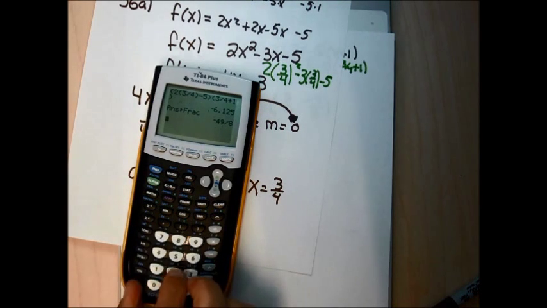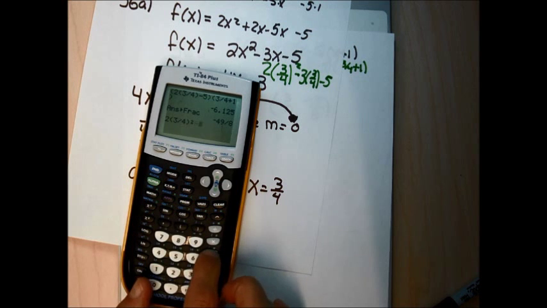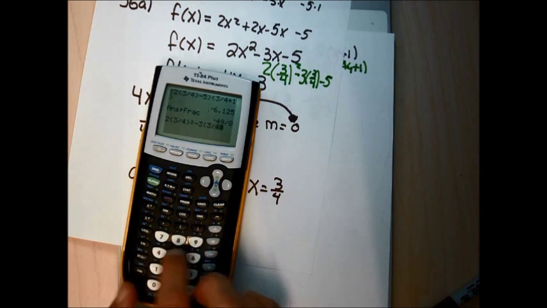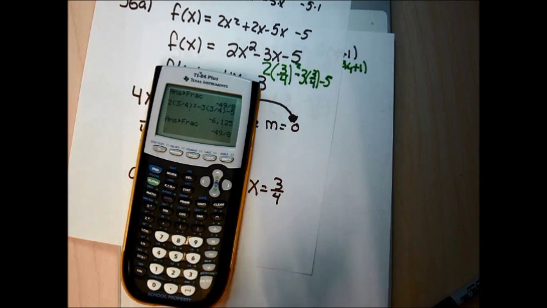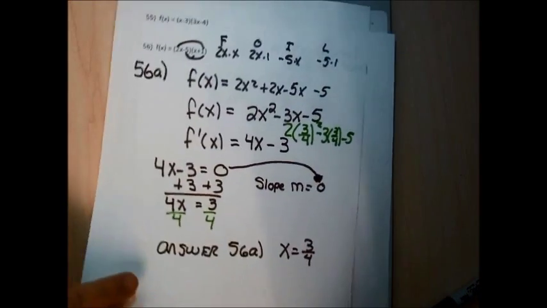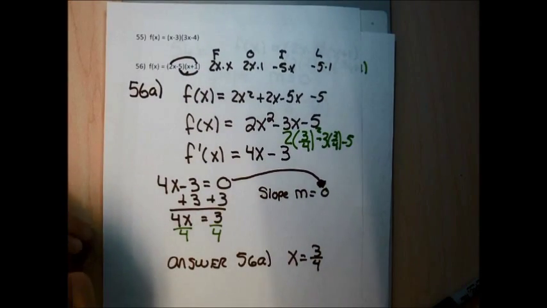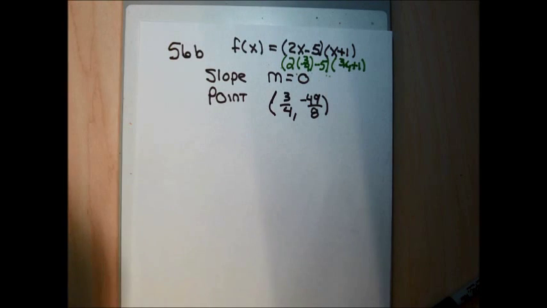So let me try that real quick. 2 parentheses 3 divided by 4 squared minus 3 parentheses 3 divided by 4 minus 5, and math, enter, enter. I still get the same minus 49/8. So if you modify the function before taking its derivative, to find the y coordinate of the point you could use the original function, or you can use the modified version.